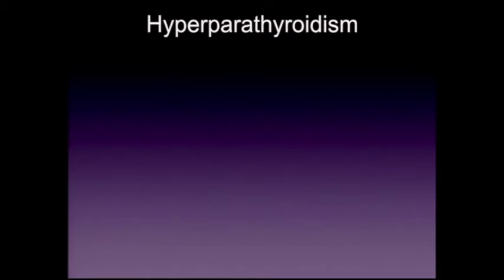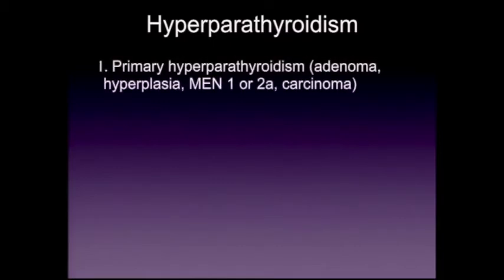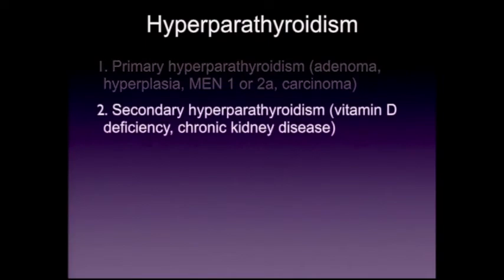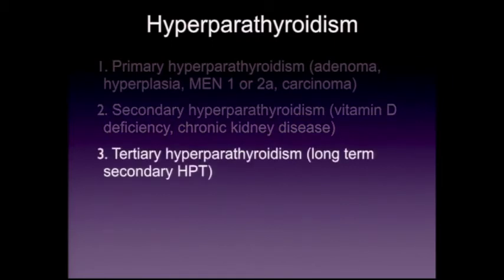It's divided into several types. The primary form, which can be caused by an adenoma or hyperplasia, or much less commonly, MEN type 1 or 2A or carcinoma. Secondary hyperparathyroidism, caused by vitamin D deficiency or chronic kidney disease. And so-called tertiary hyperparathyroidism, which is really long-term secondary hyperparathyroidism.